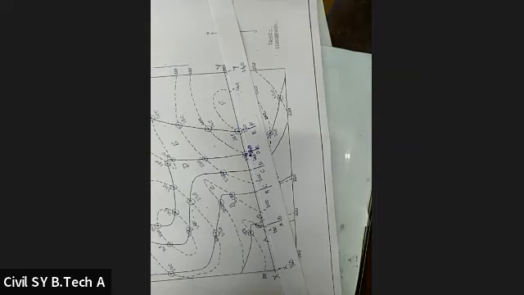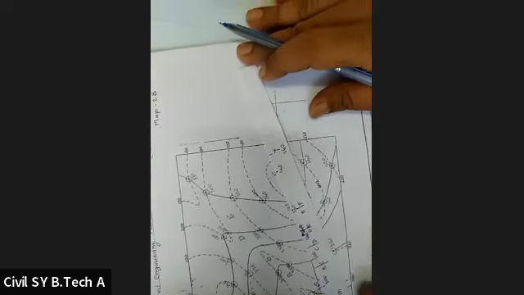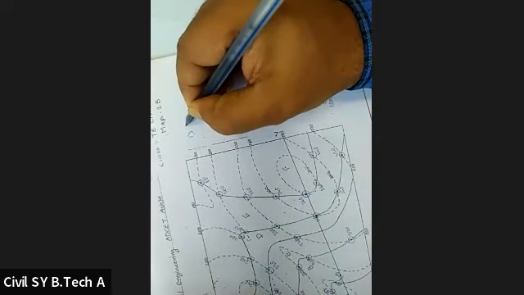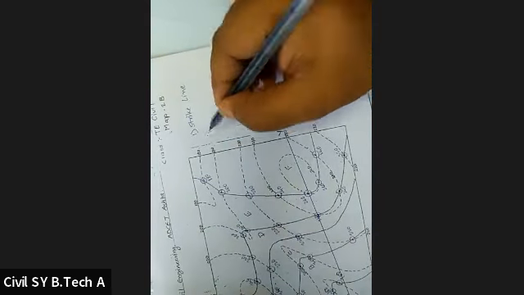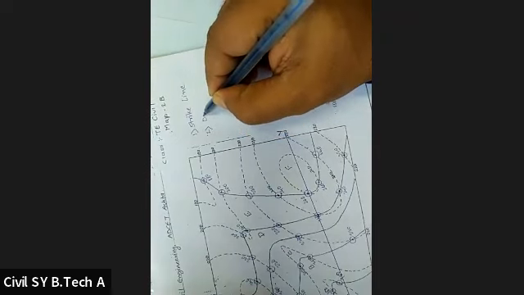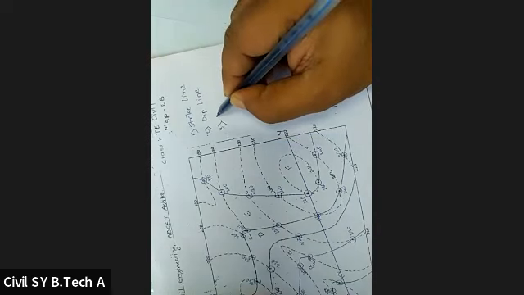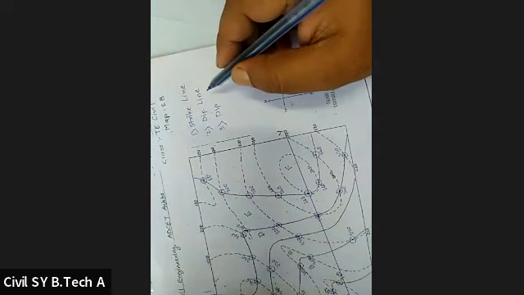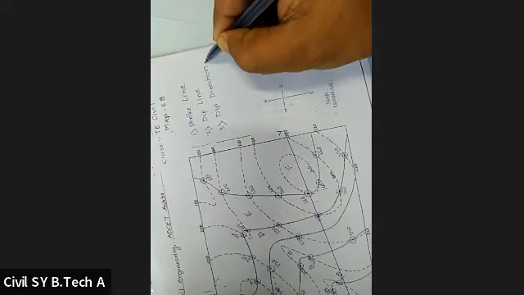Now the steps to draw the cross section of this inclined map are different from these steps. To draw the cross section, we have to follow several steps. The first step is to draw the strike line. Second, to draw the dip line. Third, to give the dip direction.